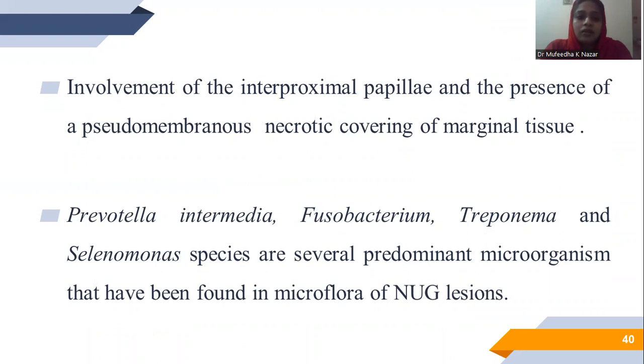Here, the most characteristic feature of ANUG is the involvement of the interproximal papillae and the presence of a pseudomembranous necrotic covering of the marginal tissue. The microorganisms involved in ANUG are Prevotella intermedia, Fusobacterium, Treponema, and Selenomonas species.